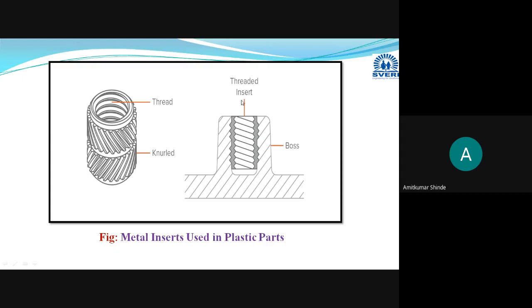You have to take the wall thickness into consideration, take 50 to 100% of that wall thickness, and decide the boss diameter. In this way the diameter is decided.